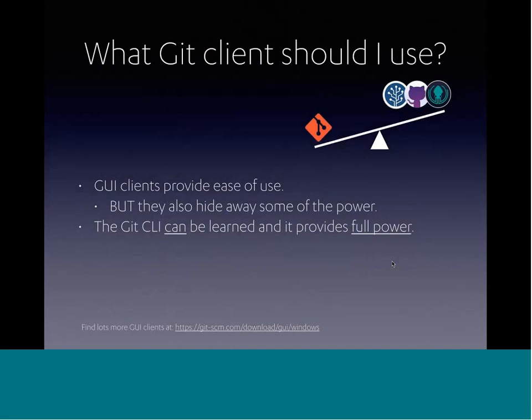Okay. So the next question is, we're going to use Git out of the options out there for source code management. Then what should we use it with? There are a lot of GUI clients out there, and some of them range from decent to extremely good.